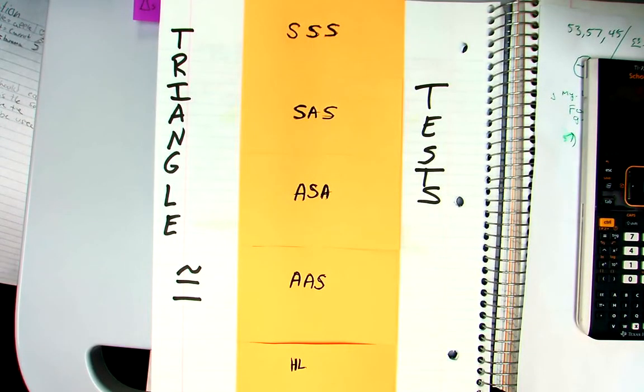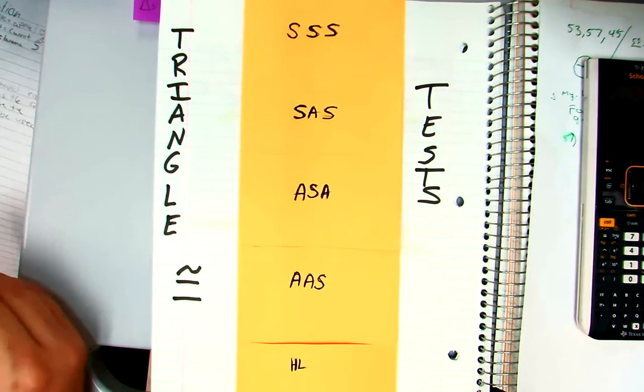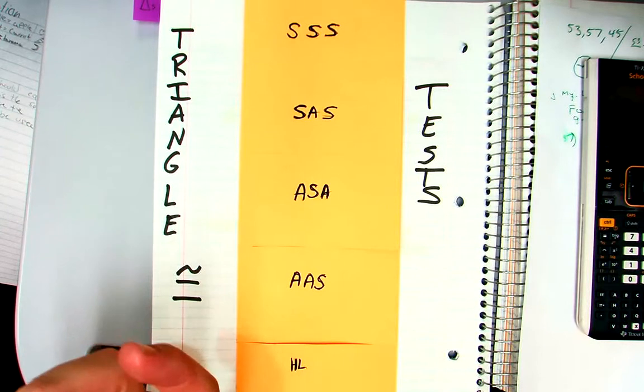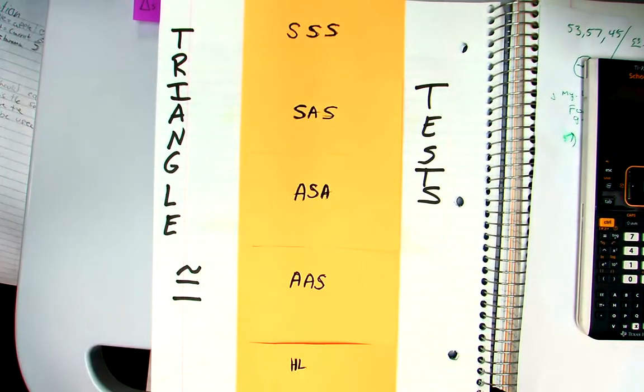Because yesterday when we discussed congruency and triangle congruency, we talked about how triangles were congruent if all 3 angles in one triangle were congruent to their corresponding angles in a second triangle, and all 3 sides were congruent to all 3 sides in the other one.